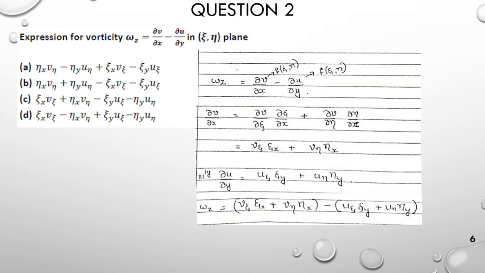If we take the difference between the expanded dou v by dou x and dou u by dou y, we come up with an expression, and if we look at the options, which of the options should give the matching answer? Can you write down in the chat box?